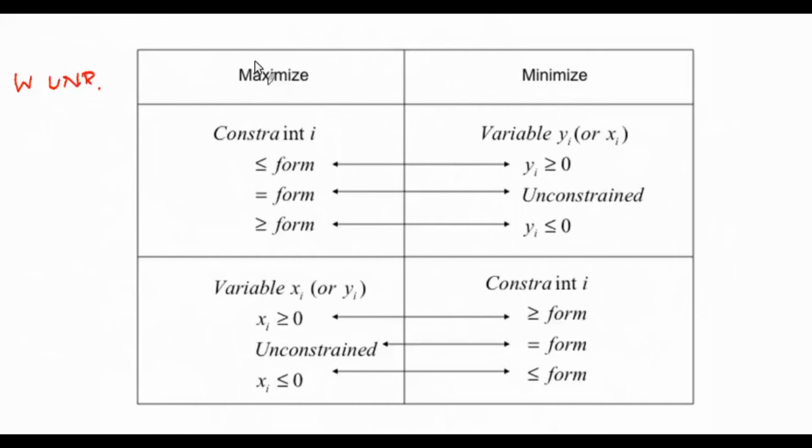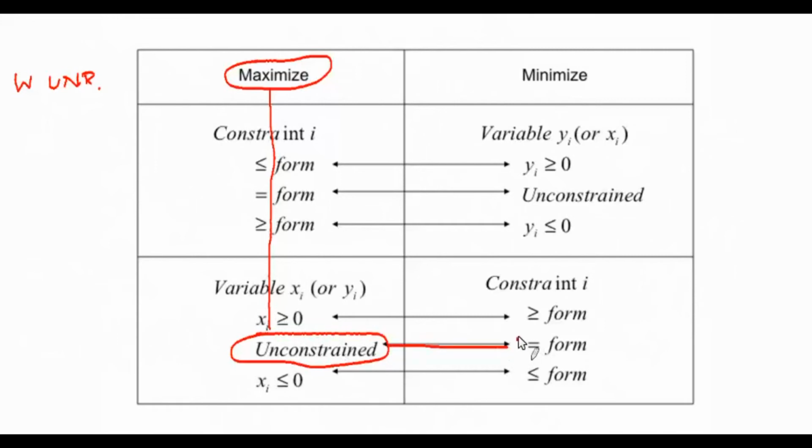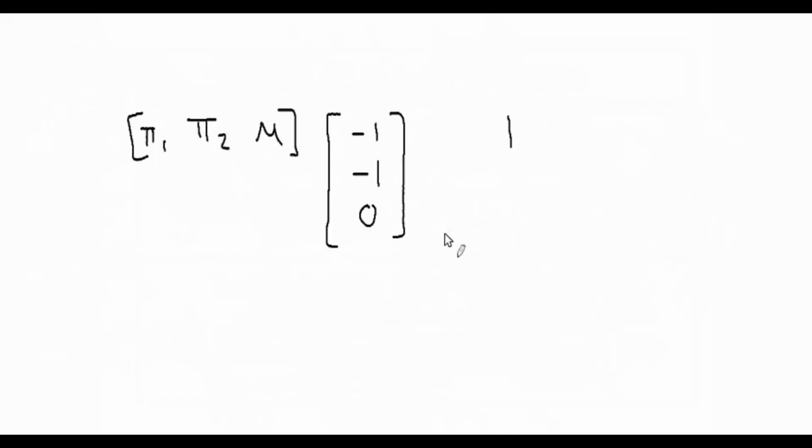Okay, so for a maximization problem in the primal, we go down to the variable sign restriction, which is unrestricted, or unconstrained, same thing. And go over to the right, we see that the equality is the appropriate form for our dual constraint. Consequently, we have an equality sign right here, and that is the third dual constraint.